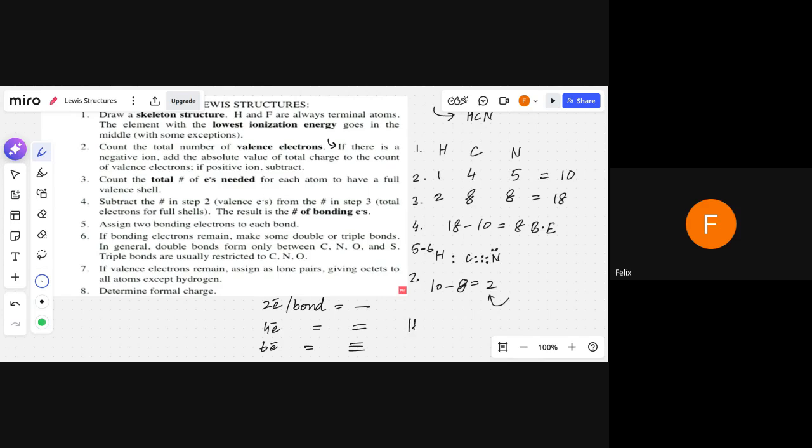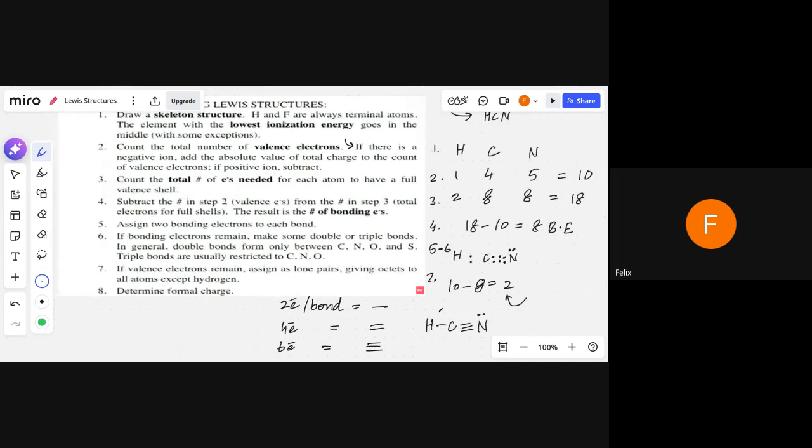We have one bond between carbon and hydrogen, a triple bond between carbon and nitrogen, and a lone pair only on the nitrogen atom, and we don't have lone pairs on hydrogen and carbon. So this is how we apply the Lewis structures. Now let us apply it on the cyanide ion, CN negative.